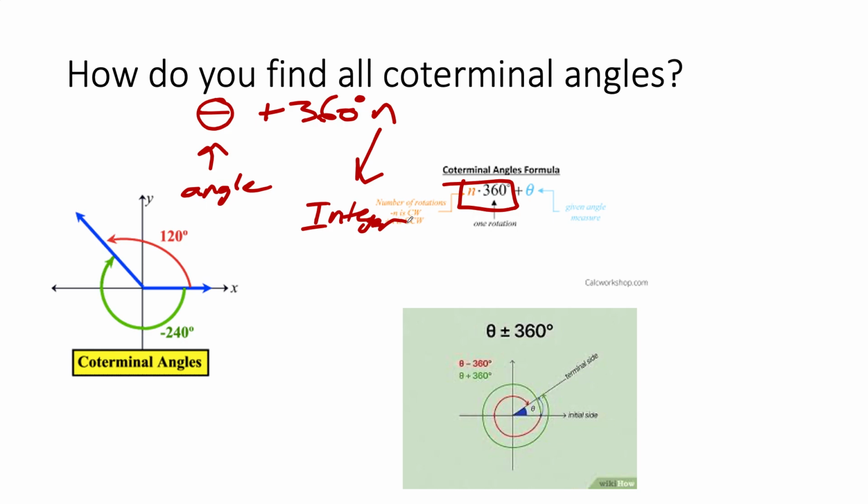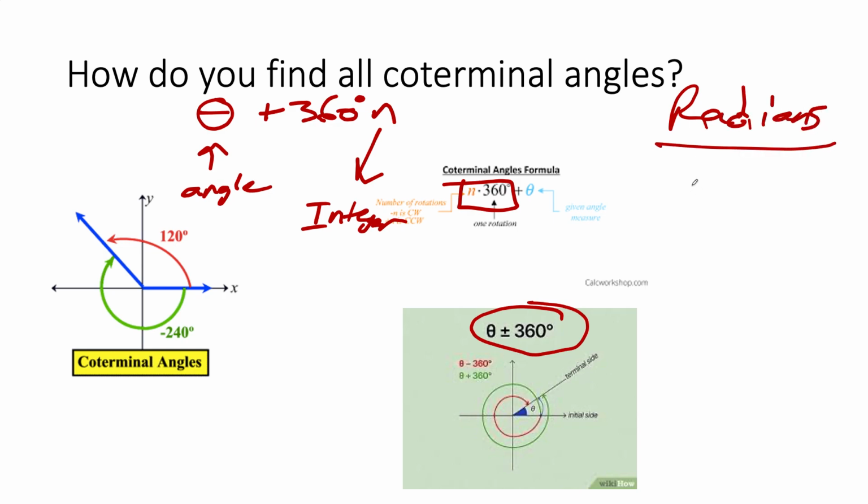N can also be negative, so 360 times negative 1 would be minus 360, 360 times negative 2. So you can find all of them. Please note that this plus or minus 360n, if it's radians, is just plus or minus 2 pi.